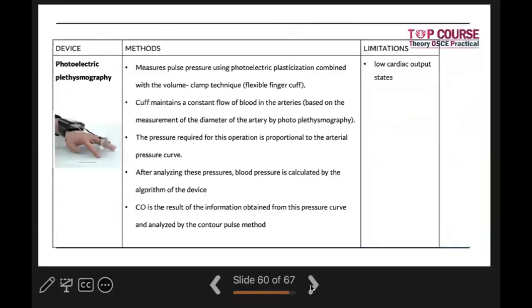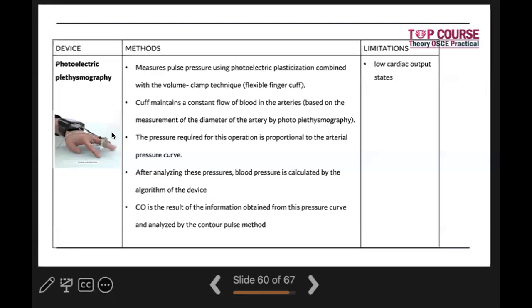Coming on to the next non-invasive device, that is photoelectric plethysmography. Basically, you apply a cuff around the finger and the pressure changes across the finger vessels show us a waveform from which an algorithm is formed and cardiac output is detected. So it measures the pulse pressure using the photoelectric plethysmography combined with the volume clamp technique, that is the flexible finger cuff.